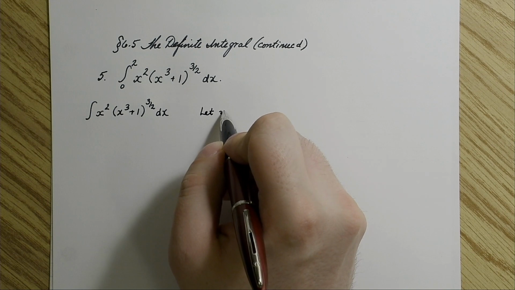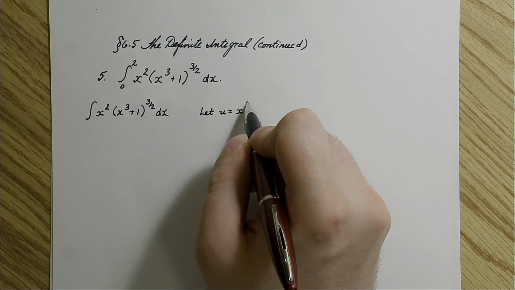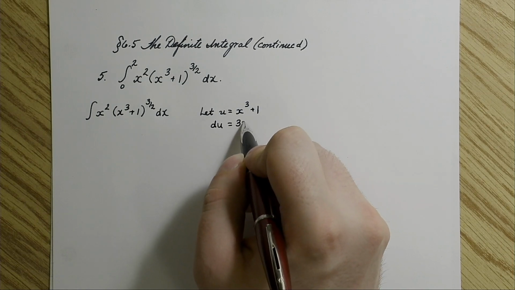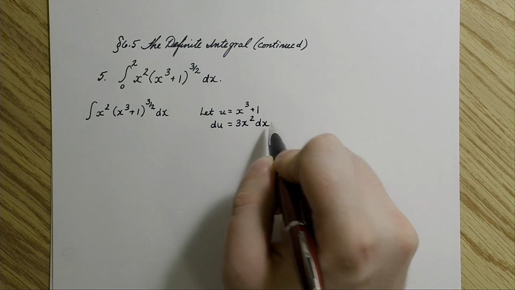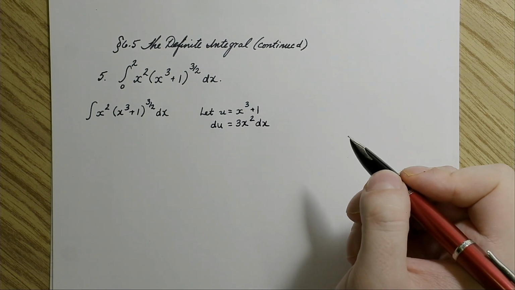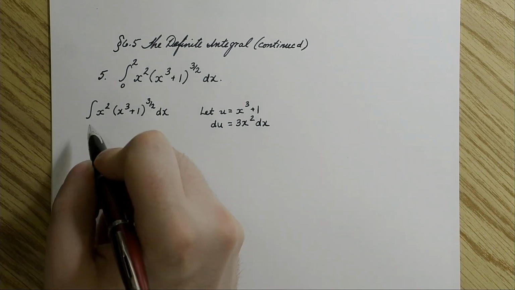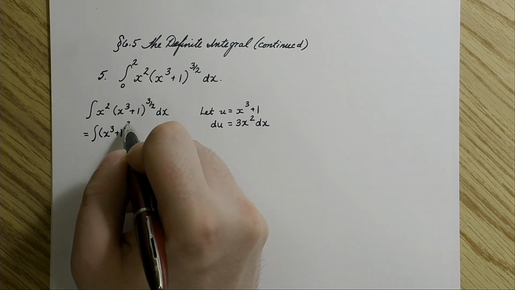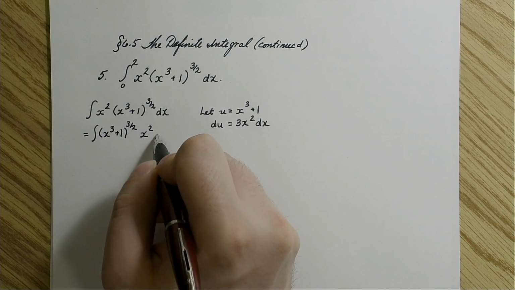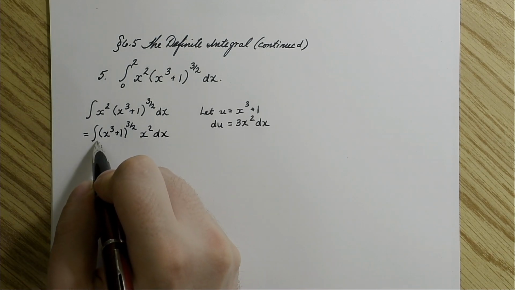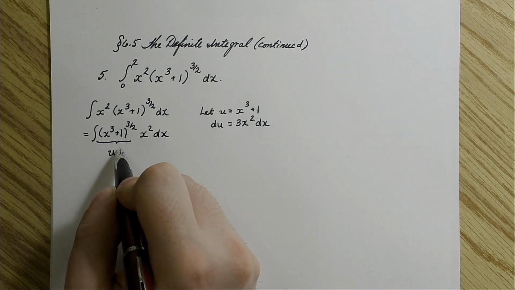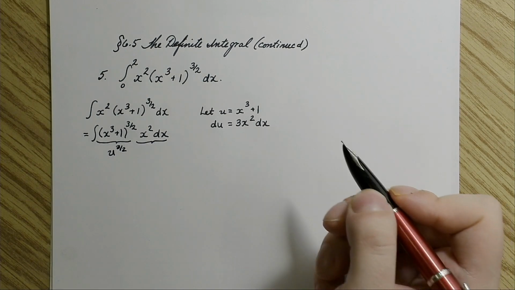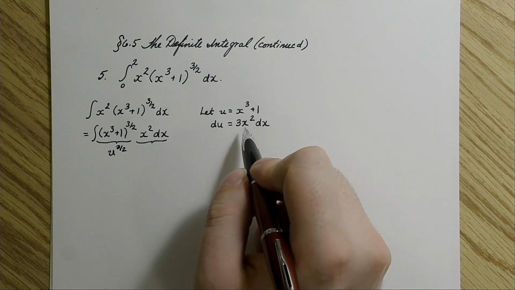So we let u equal x cubed plus 1, and when we differentiate that, I get 3x squared dx. Let me rearrange this a little better. This part right here, we would replace with u to the 3 halves, and this part here I'd like to replace with du, but I have a 3 still here.